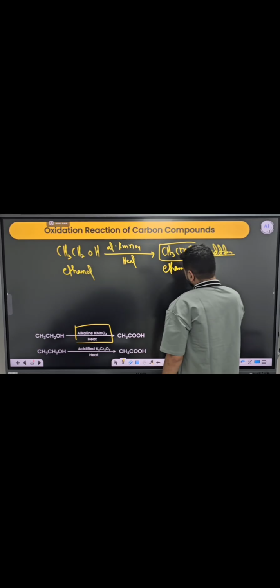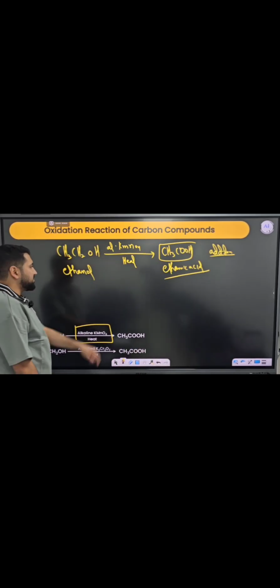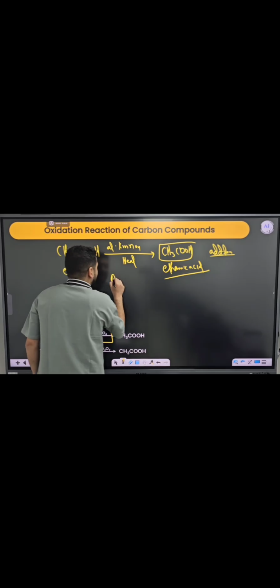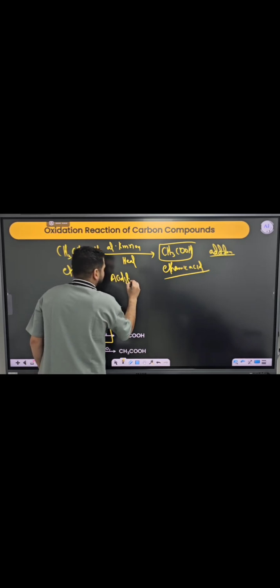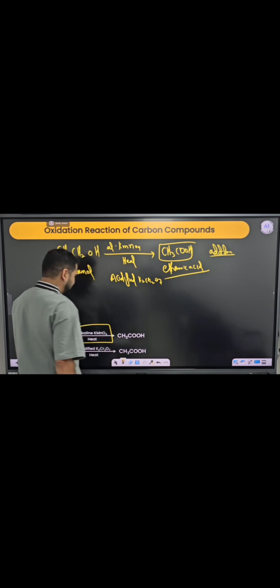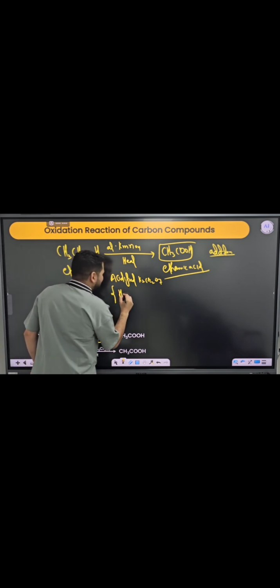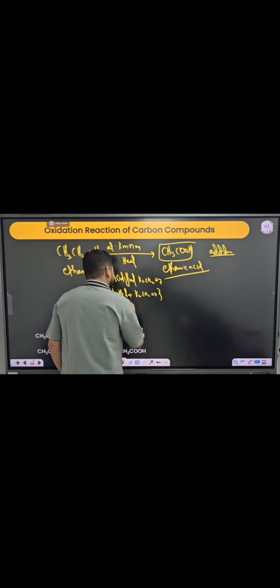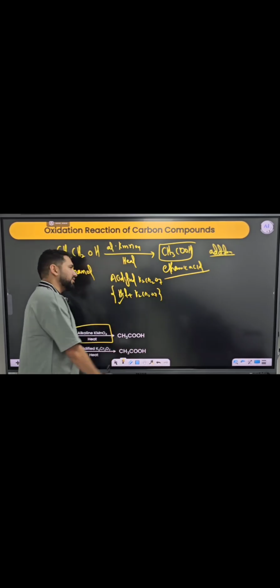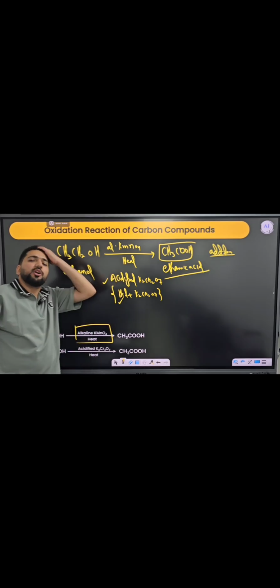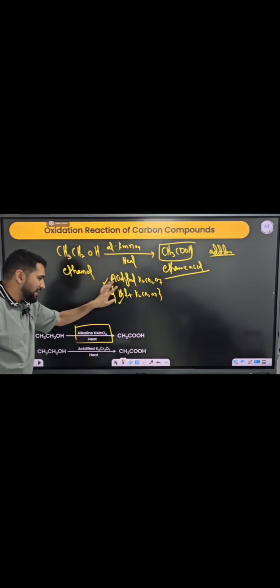Then you can use one more oxidizing agent here in place of KMnO4, and that is acidified K2Cr2O7. Acidified K2Cr2O7 means, for example, HCl plus K2Cr2O7. If it is written HCl plus K2Cr2O7 or acidified K2Cr2O7, it's one and the same thing, because here I am adding acid.